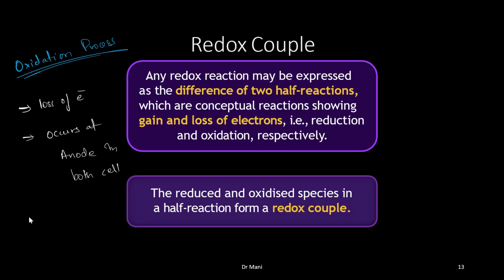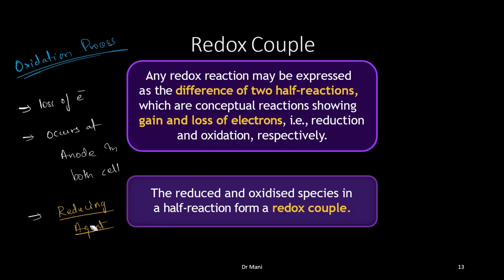And remember, whatever substance is losing these electrons is called the reducing agent. What is the meaning of reducing agent? The chemical species that helps in donating the electrons, by losing its electrons.